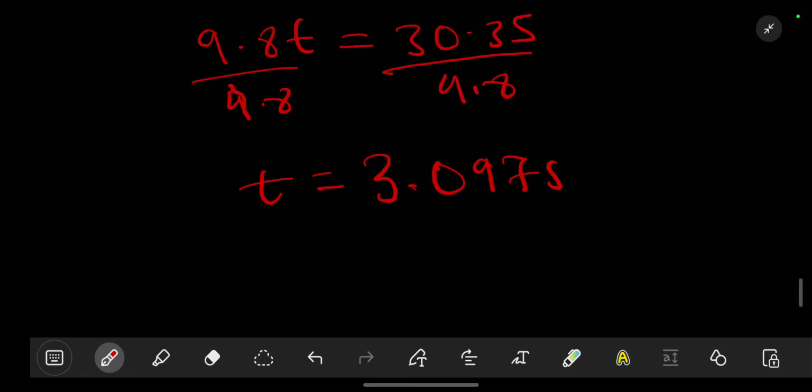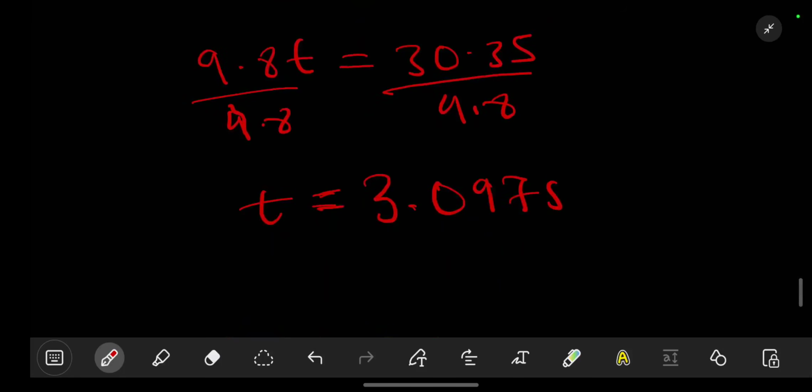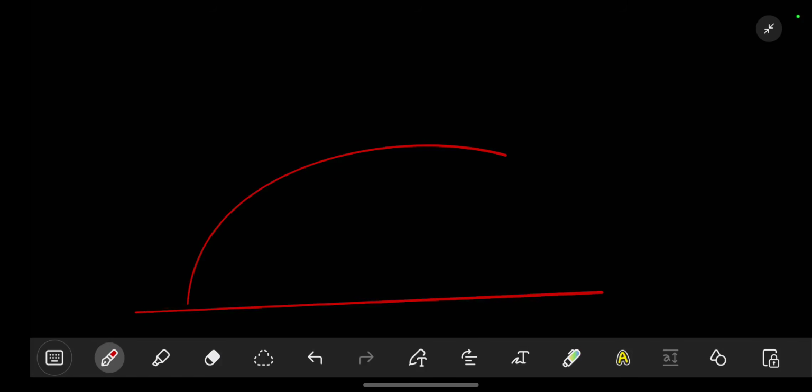Then if this is our time, we know that it takes 3.097 seconds for the mango to reach that height. Now let's compare. If you look at the arrow, it will take 5.189 seconds.